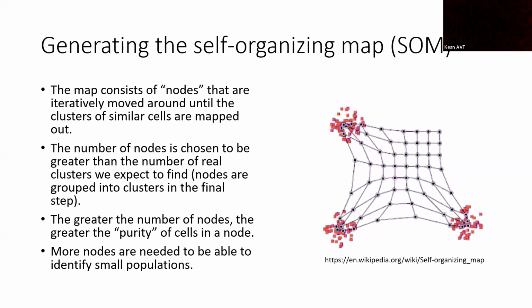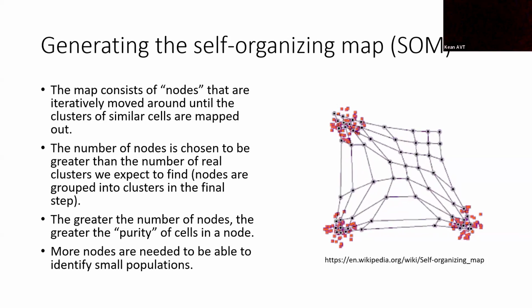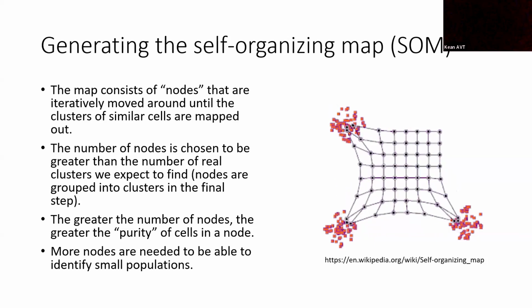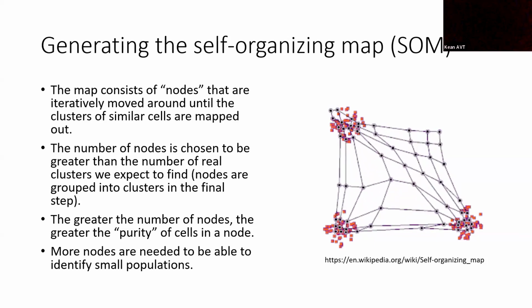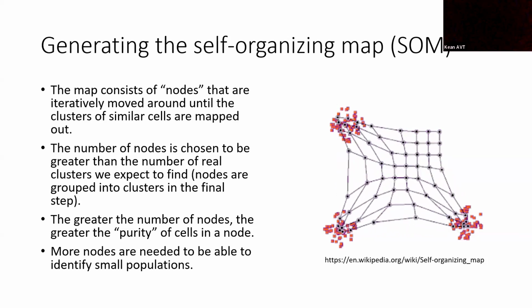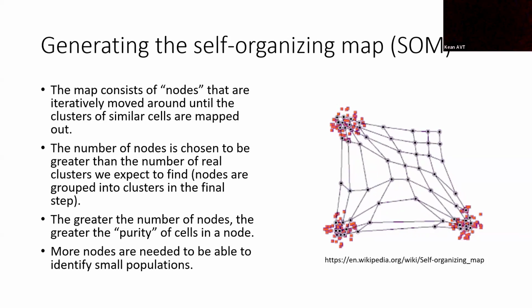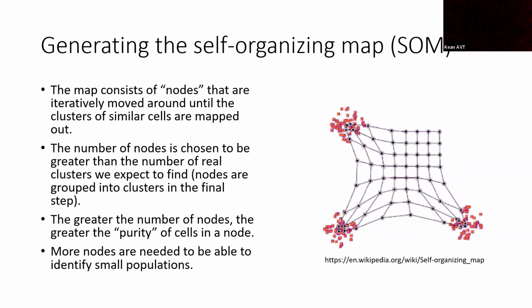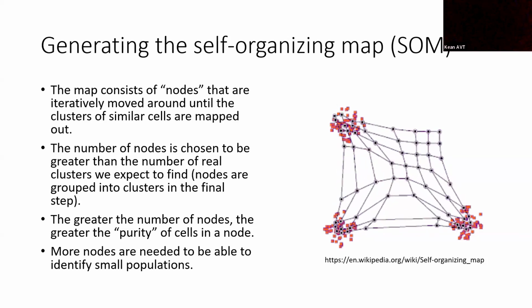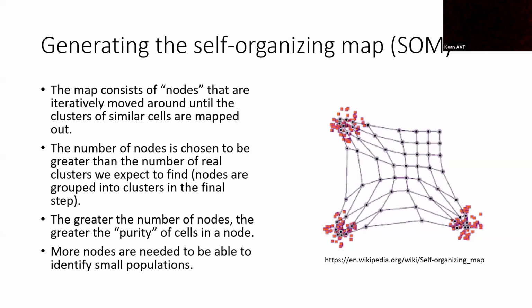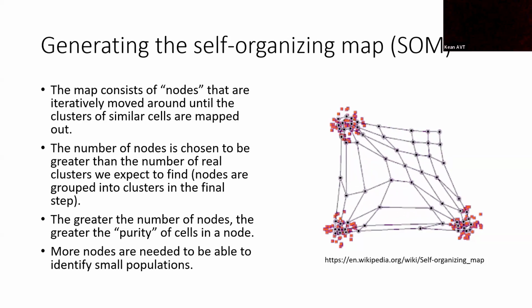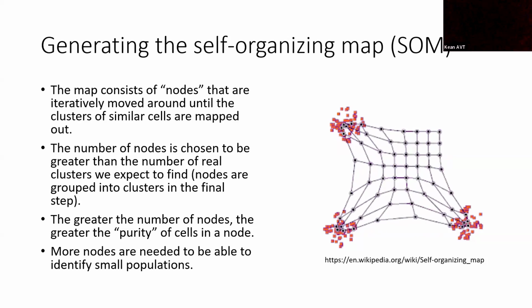The number of nodes is usually chosen to be much larger than the number of cell populations we're expecting. Because of that, we then need to use what's called hierarchical clustering or meta clustering to group some of those nodes together. Okay, so the higher the number of nodes, the more specificity for small populations we can see.